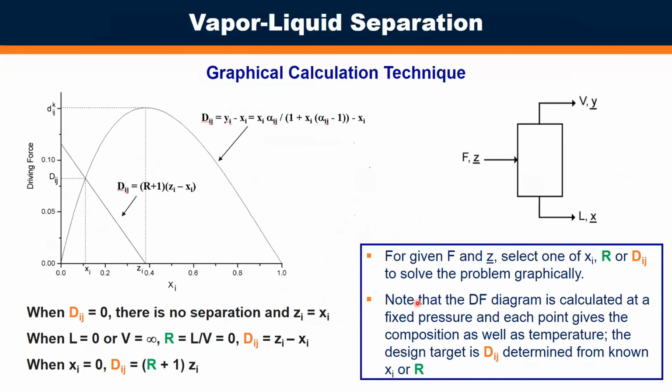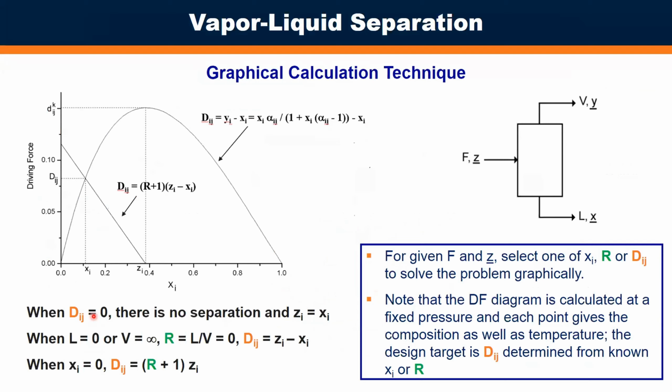Well, it allows us to plot the driving force as a function of composition, and you have a couple of extreme points to consider here. So when the driving force is 0, there's no separation. That makes sense.